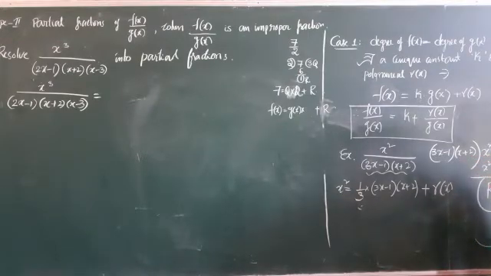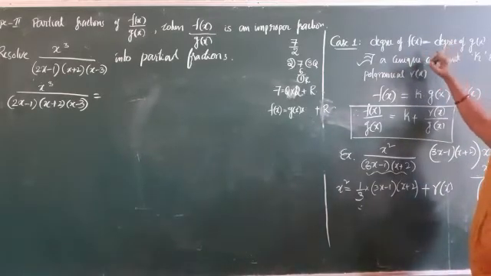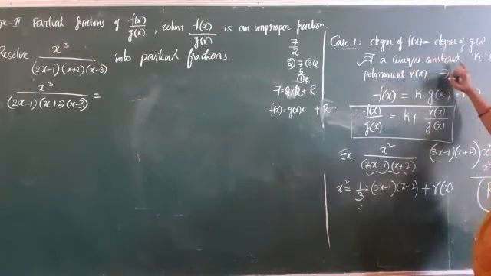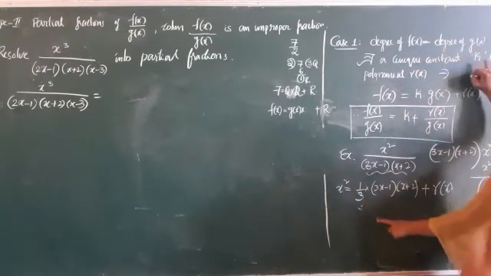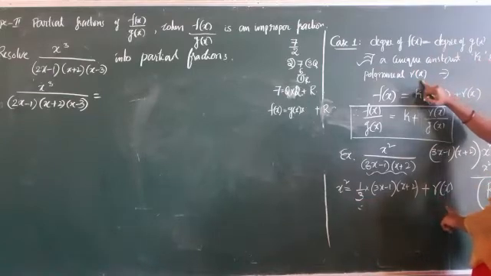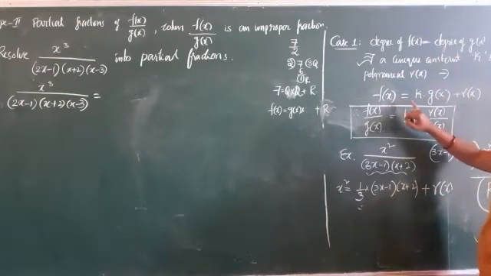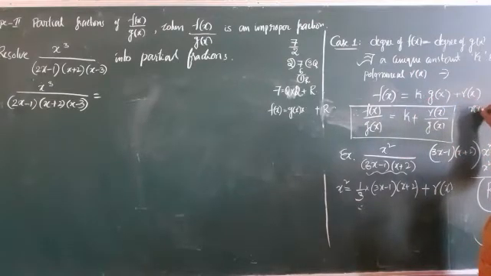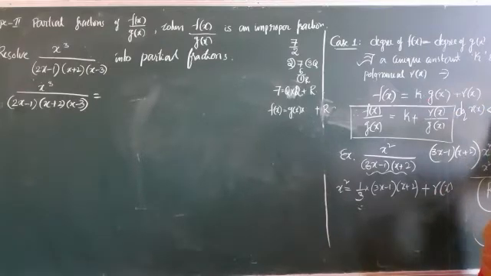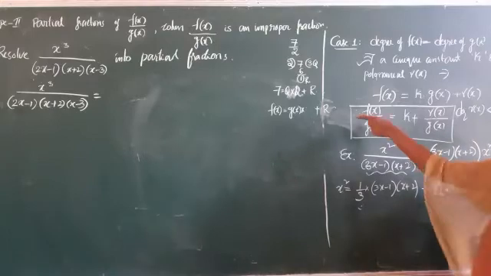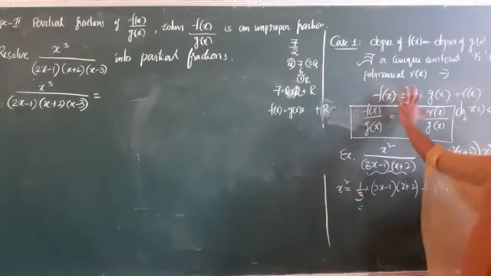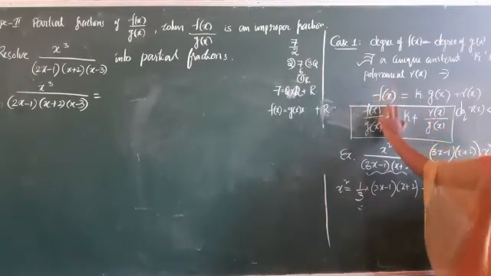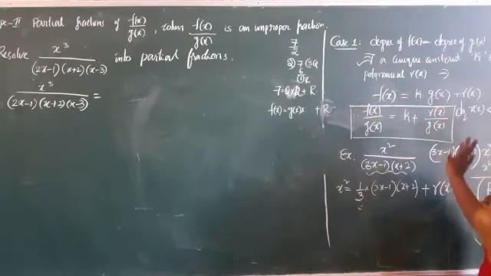You have to consider these two points. Whenever the two degrees are equal, there exists a unique constant k and a polynomial r of x such that f of x is equal to k into g of x plus r of x, where the degree of r of x is less than the degree of g of x. Hence, if you divide this by g of x, you get the rational function f of x by g of x is equal to k plus r of x by g of x.